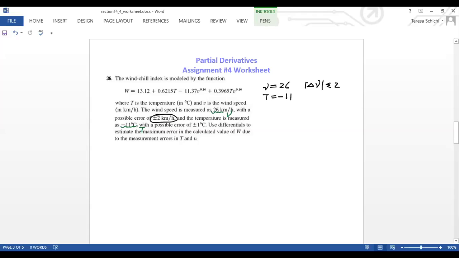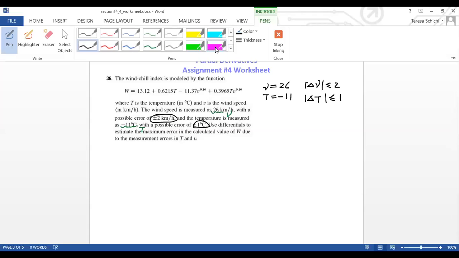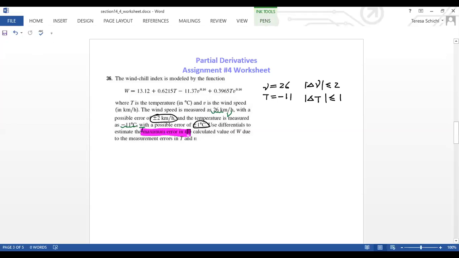It could be plus 2 or minus 2 kilometers. In the same way, what is this plus or minus 1 degree? That means delta T is at most 1. So now I want to calculate the maximum error when I calculate the W, all right?